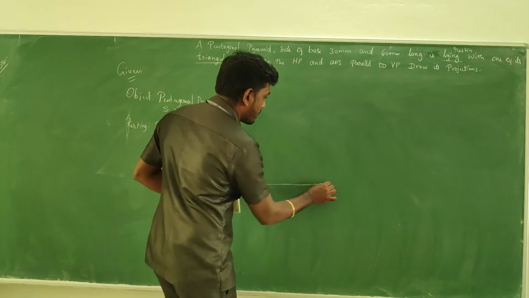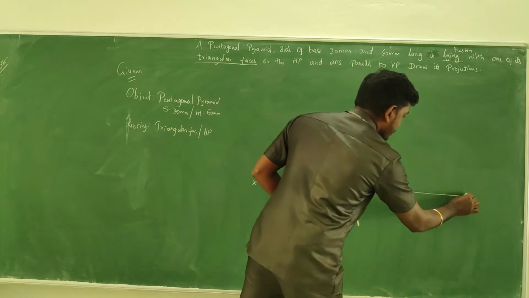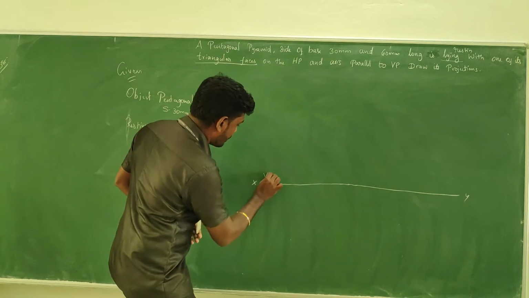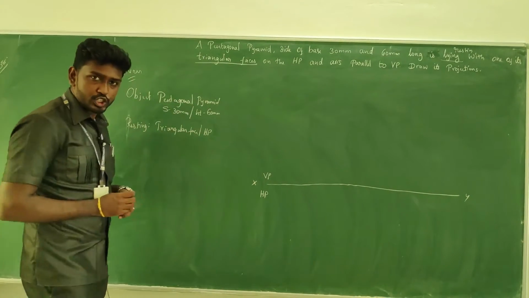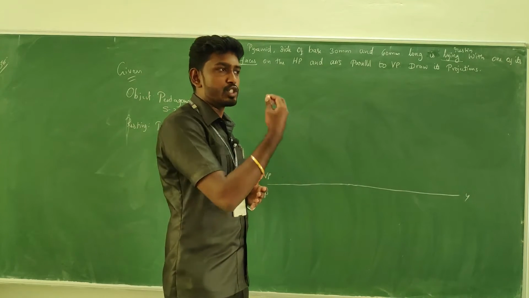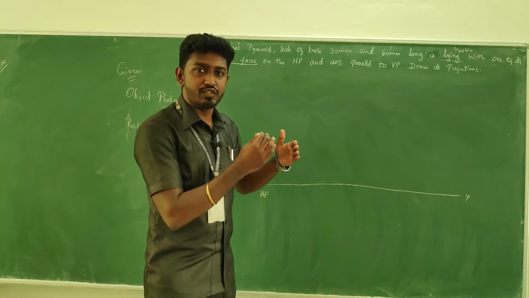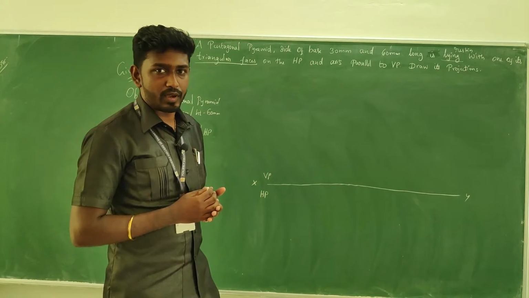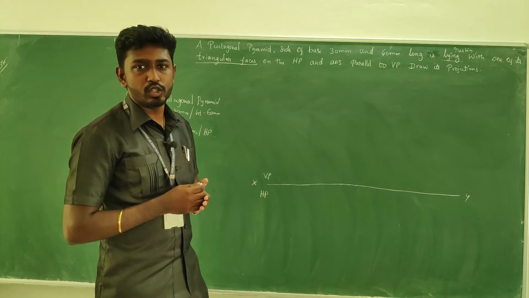Take the reference line XY. Above it is VP and below it is HP as per the first angle projection. And then think about the position. Always when you have the simple position, we search for the axis inclination. If the axis is inclined to HP, you have to keep the axis perpendicular to HP.